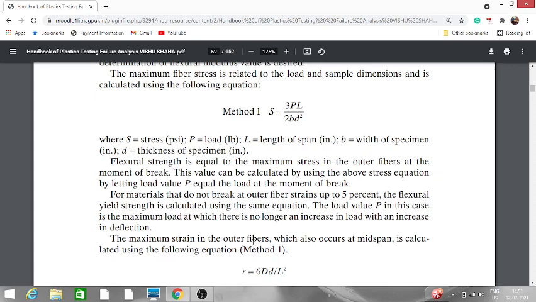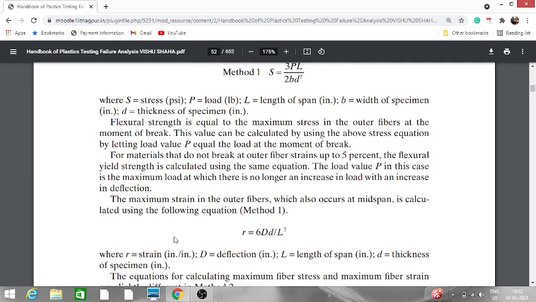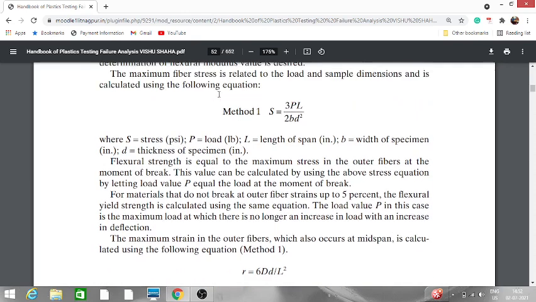The maximum strain in the outer fibers, which also occurs in midspan, is calculated using the following equation. That was the formula for stress.